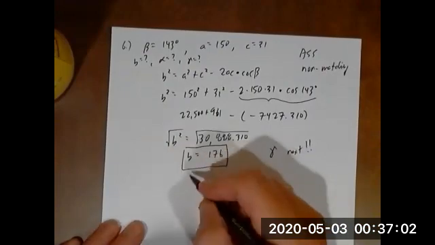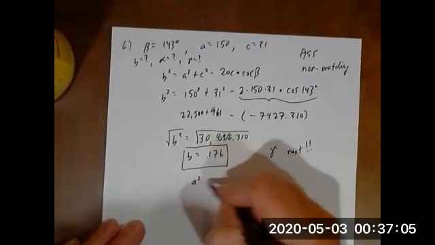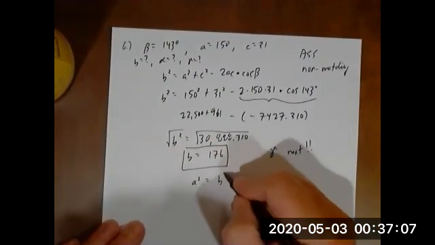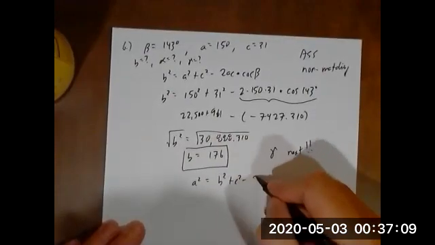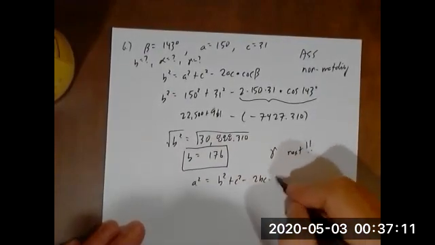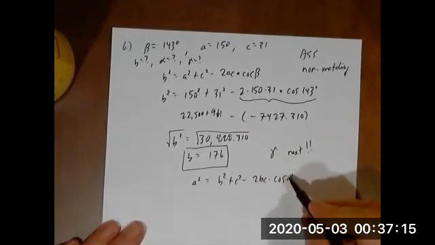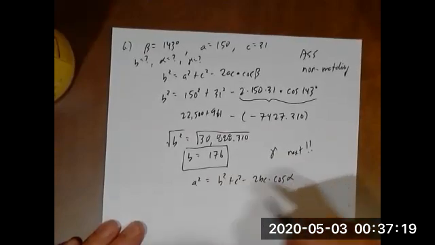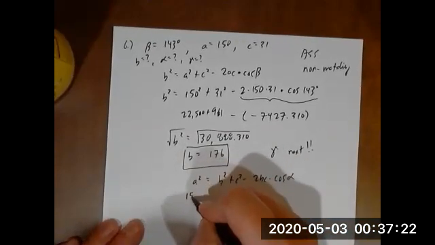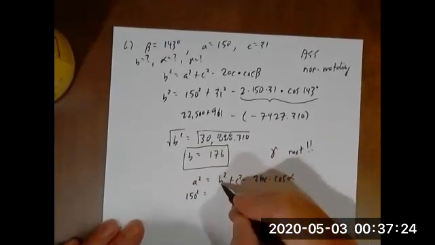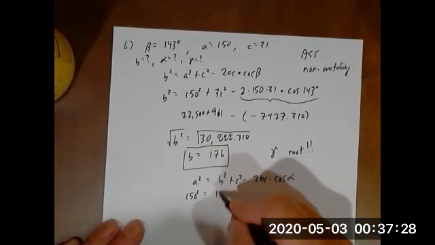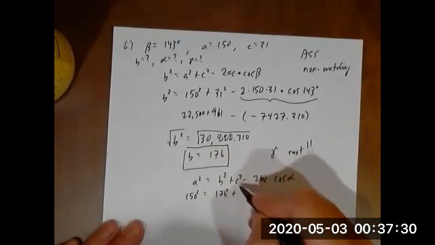How about for alpha, a squared equals b squared plus c squared minus 2bc times cosine of alpha. We know everything here about alpha, so we can plug in all these numbers and eventually calculate alpha. So a squared, 150 squared. B, we just found B, 176 squared.